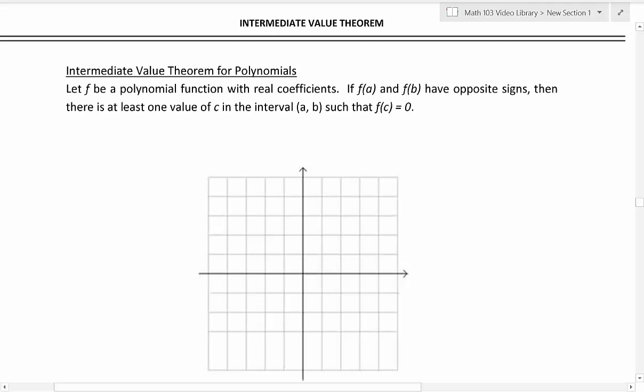So f(a) and f(b) are y values. So we have two y values that are opposite signs.